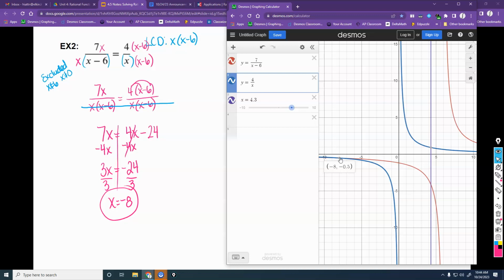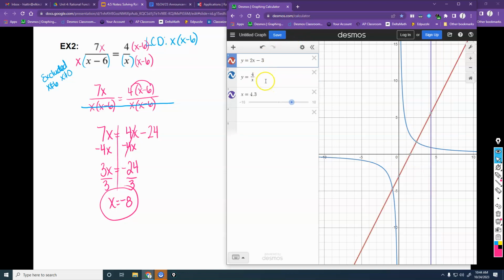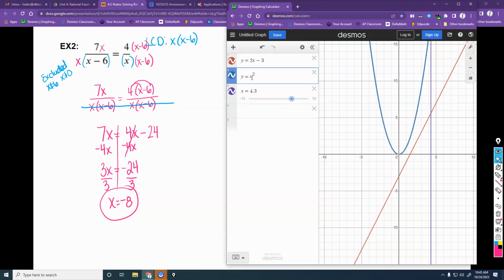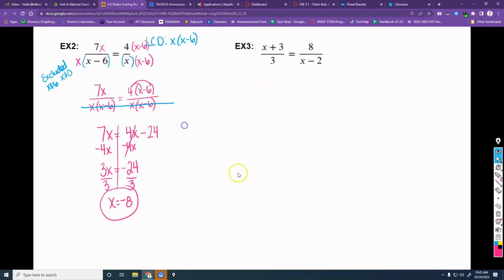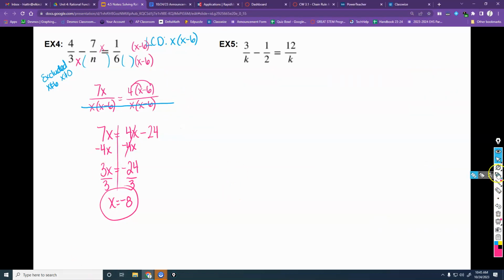Because sometimes it's hard to see where they cross, but no matter what you have typed in, like even if I have 2x minus 3 and x squared minus 4x plus 2, let me get rid of that. So if it were a totally different thing, not even related to this, if you click on one of those, there will be gray dots where they cross. That's probably the best way to look for those.